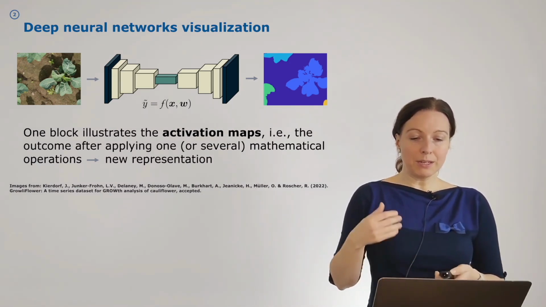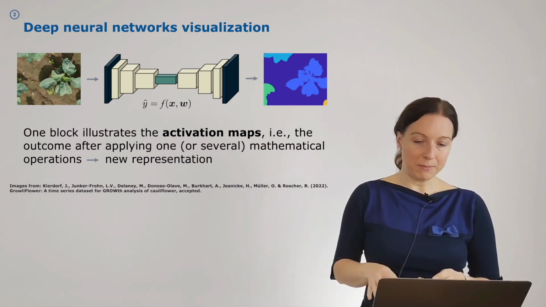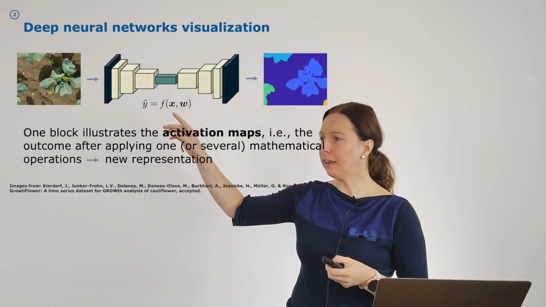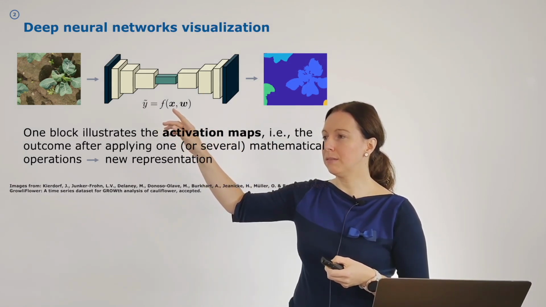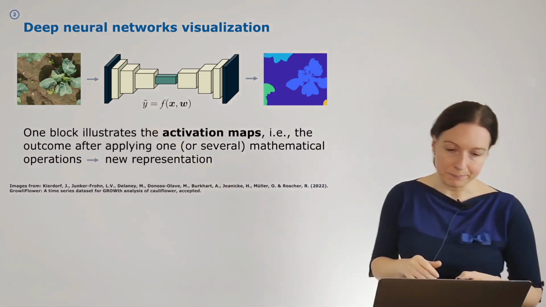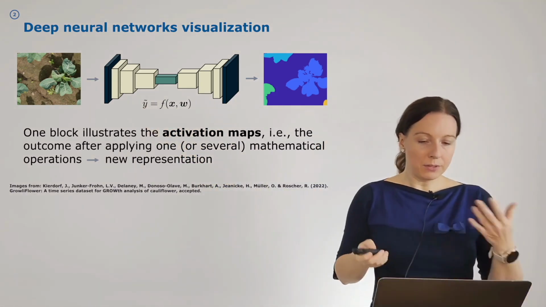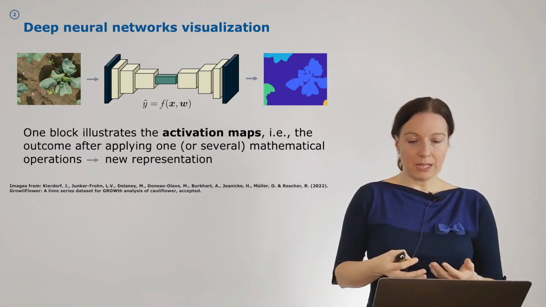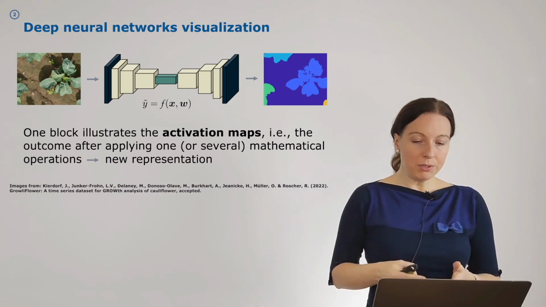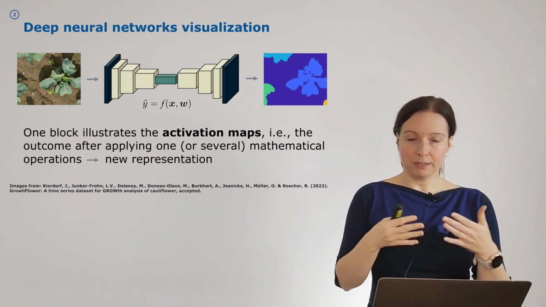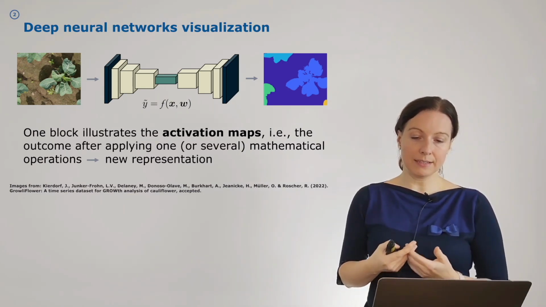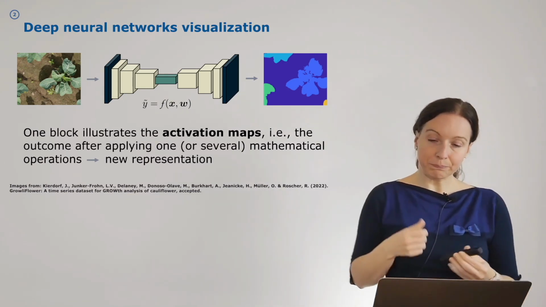So a neural network is nothing else than a chain of mathematical operations, here denoted with F. Then you have the input image X, you have the parameters W, and you have an output Y. And so the neural network models the relationship between the input X and the output Y. The input is fed to the network with an input layer, which is in our case an image with RGB values.